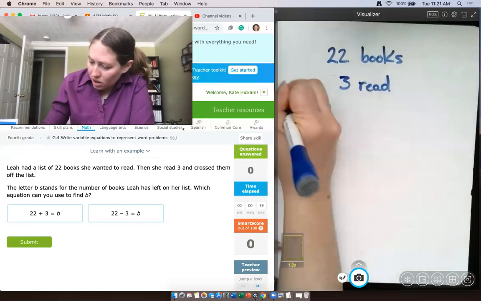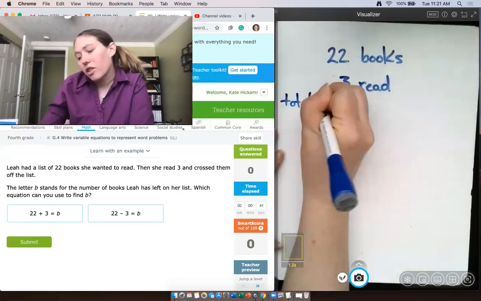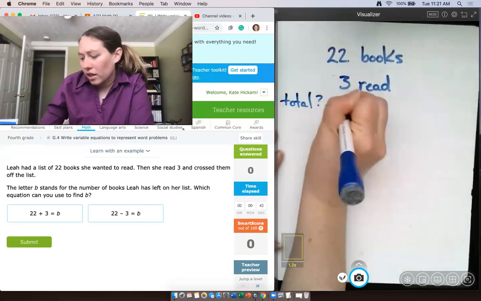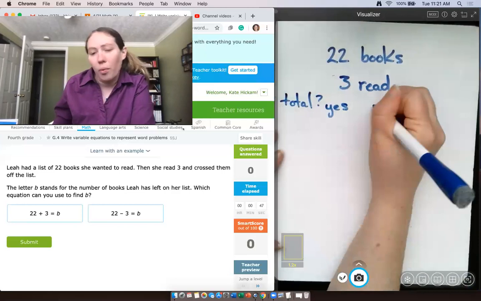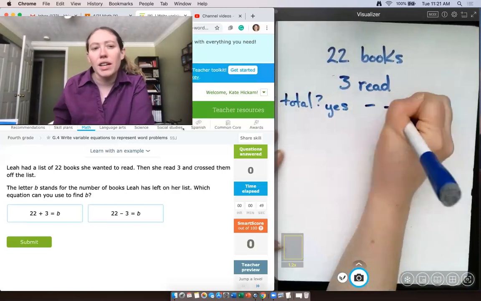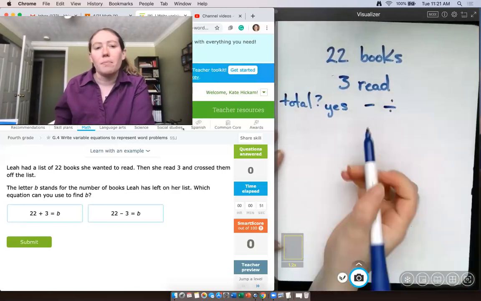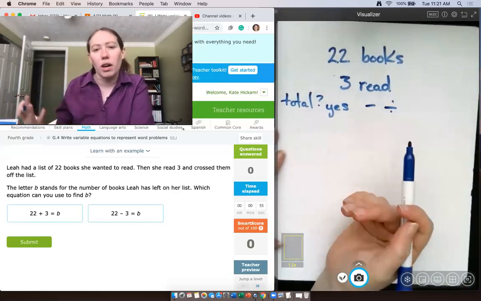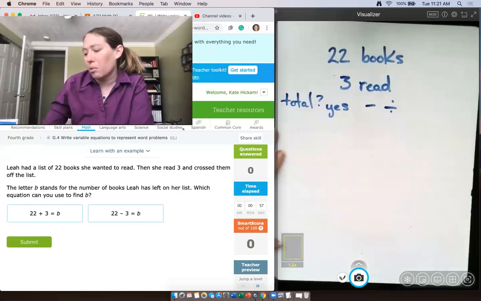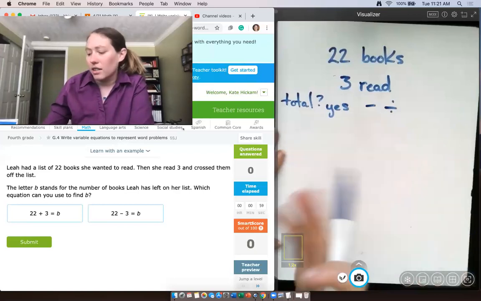Yes. Since we have a total, we know it's either going to be subtraction or division. Are we taking away equal groups, like the same number over and over, or are we just taking away one number once? We're only taking away one number once. So it's not division.